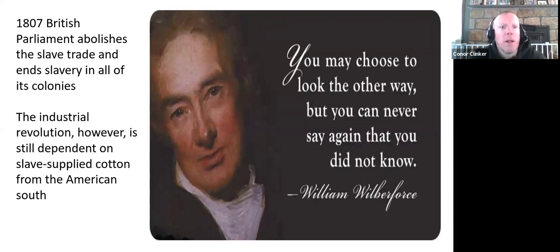1807, British Parliament abolishes the slave trade and ends slavery in all of its colonies. It's a remarkable thing. It's not something we should take for granted. Slavery, as we've covered, was universal, and do not take this for granted.